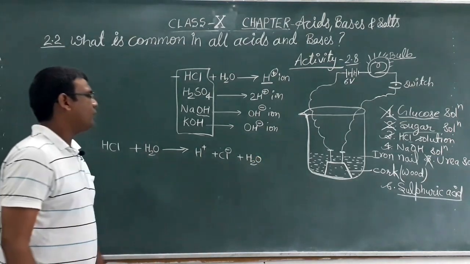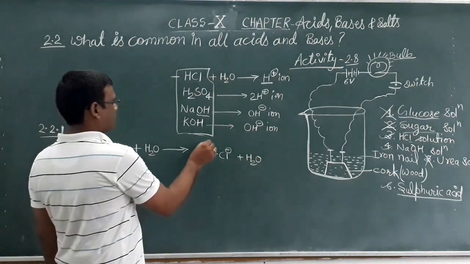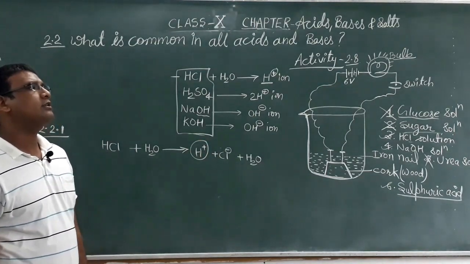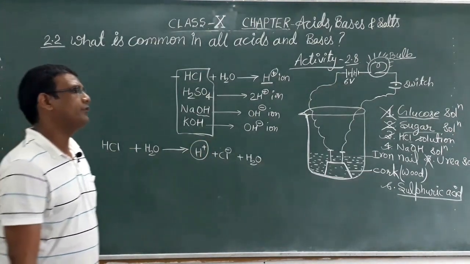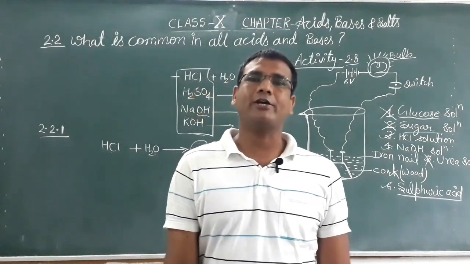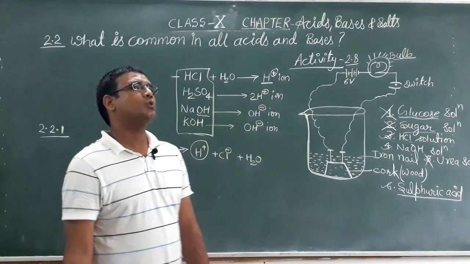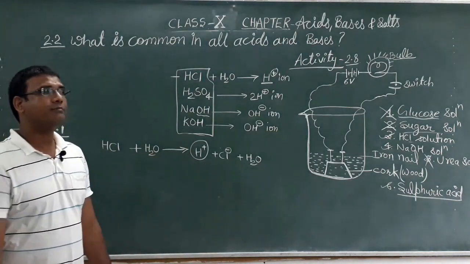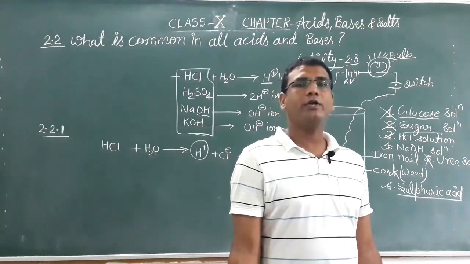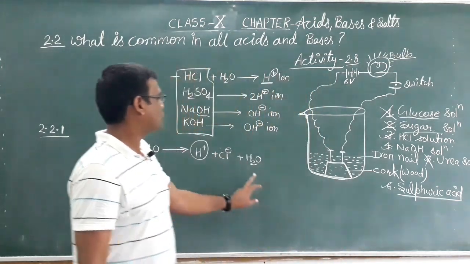Now this H plus, that is hydrogen ion, is also called a proton. This hydrogen does not have an electron, and due to this the hydrogen ion is very unstable. Anyhow it requires an electron.